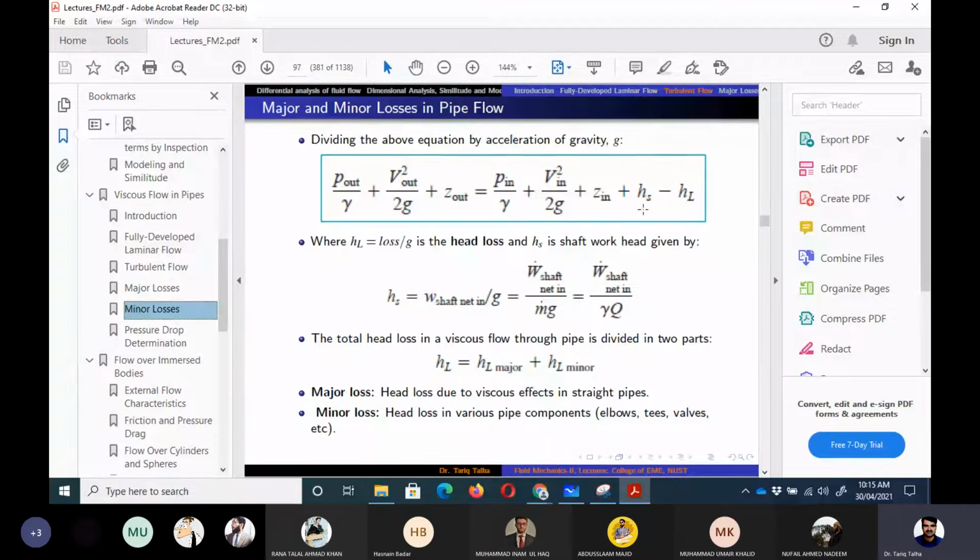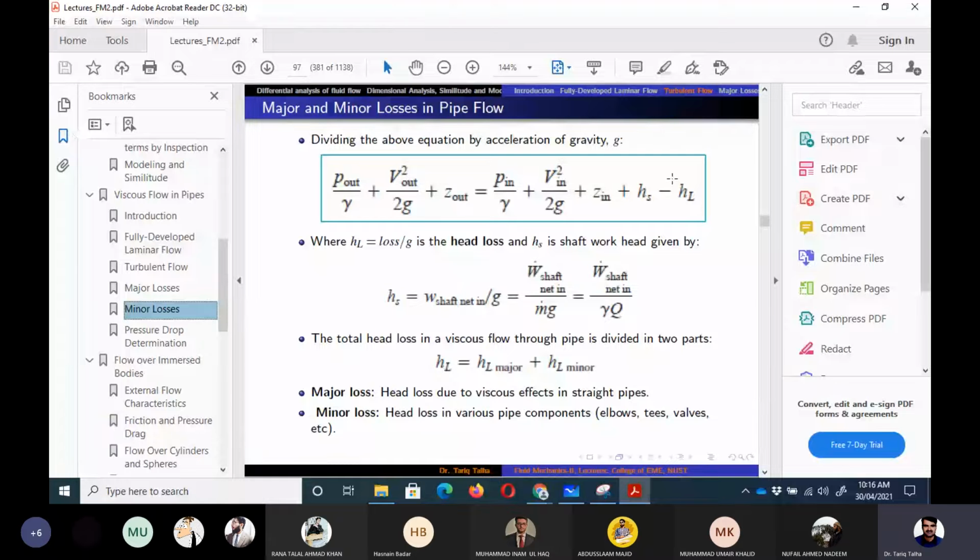Now the last term in the equation is HF. That is the losses which the flow encounters in a piping system. These losses can be divided into two categories. One is called major losses, which are due to friction or the viscous effect in the straight pipe.